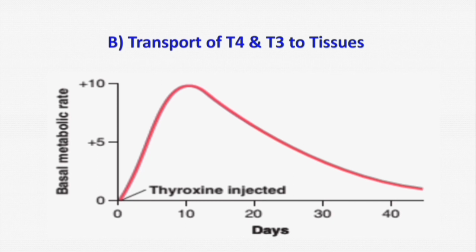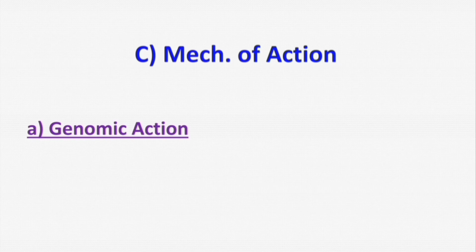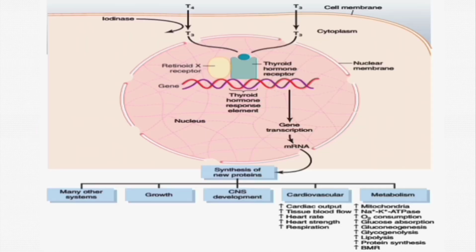Now, let us talk about the mechanism of action of this hormone. This hormone acts by a genomic way, it causes a genomic action, and it also has a non-genomic action. Now, in the genomic action, as you can see in this figure, both T3 and T4 easily cross the cell membranes and come into the cytoplasm. Here the deiodinase enzyme is present and it converts T4 into T3, and this T3, as you can see here and here, easily crosses the nuclear membrane and comes into the nucleus.